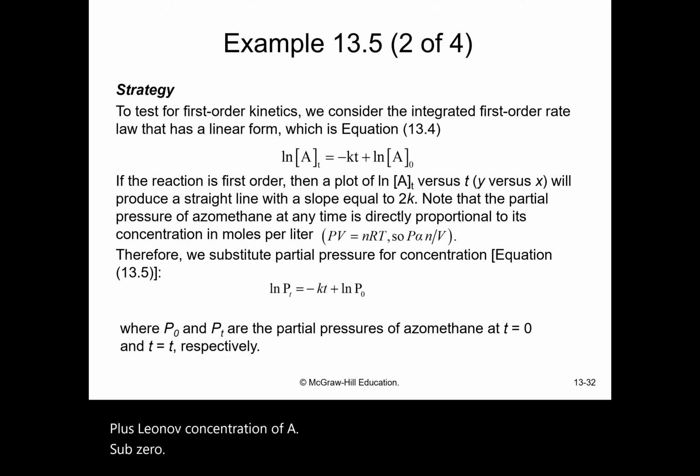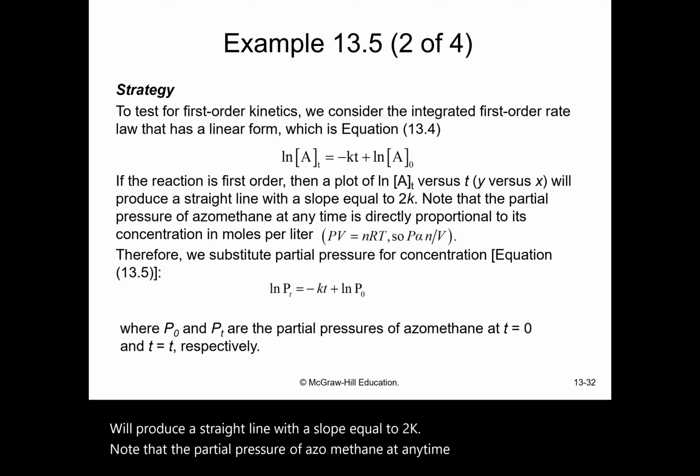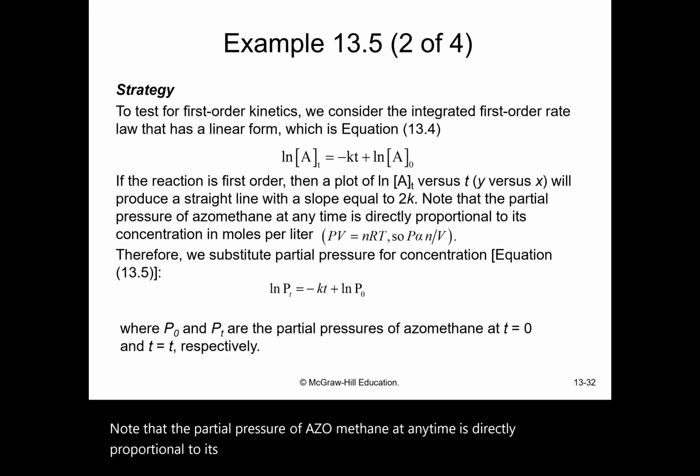If the reaction is first order, then a plot of natural log of concentration of A sub t versus t will produce a straight line with a slope equal to negative k. Note that the partial pressure of azomethane at any time is directly proportional to its concentration in moles per liter.